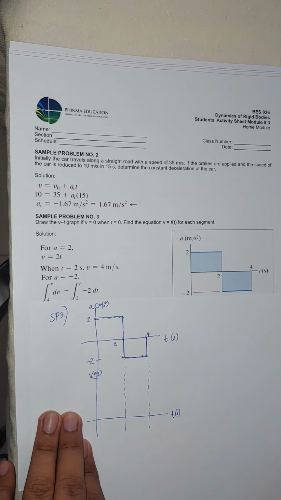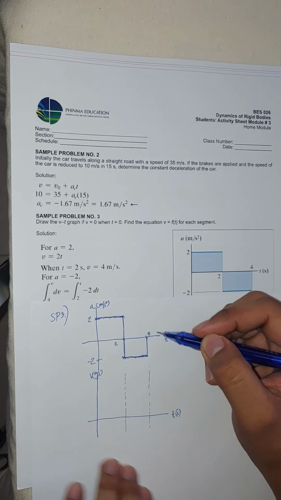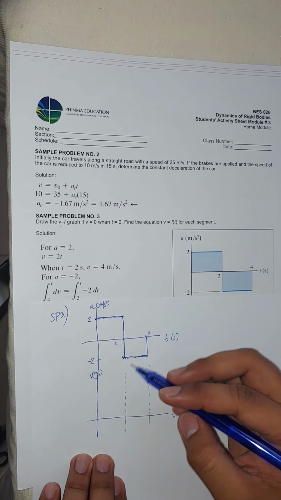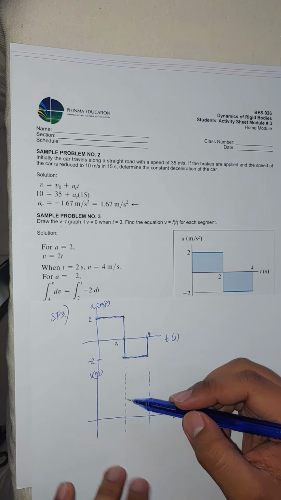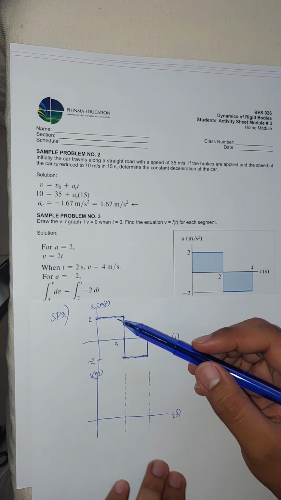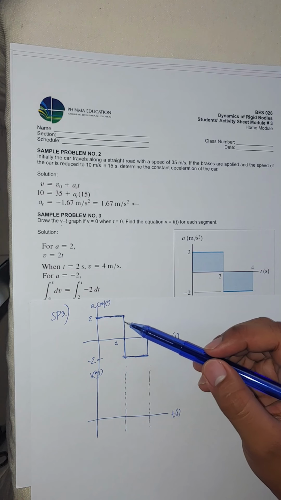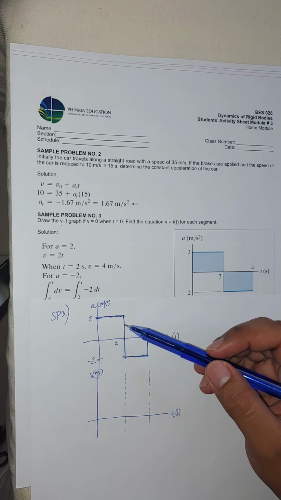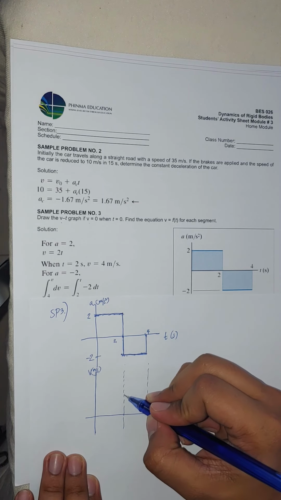So if you can see, this is a 0-degree line. Then we can assume what type of line we will see in the velocity. If you remember, from acceleration to velocity, the degree of the line increases, but going the other way, the degree decreases. So if this is 0 degree, then our line here is first degree.